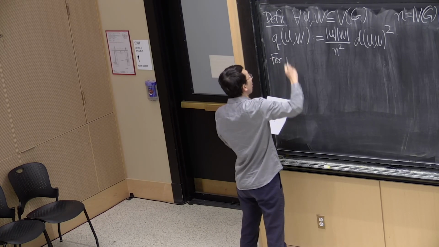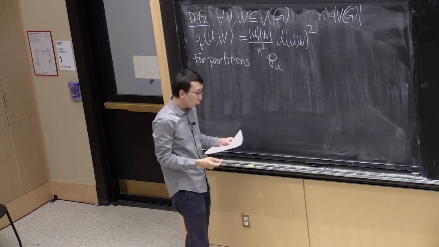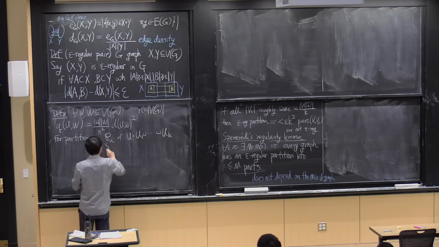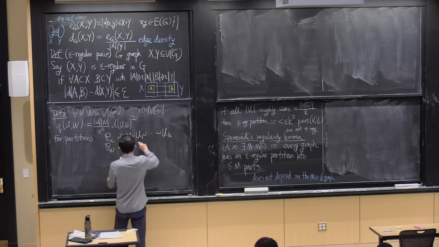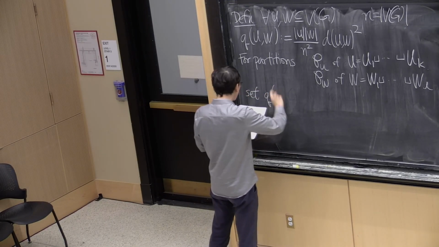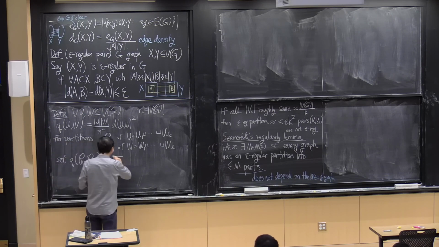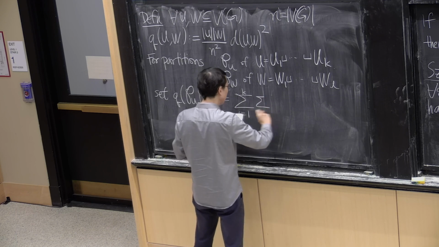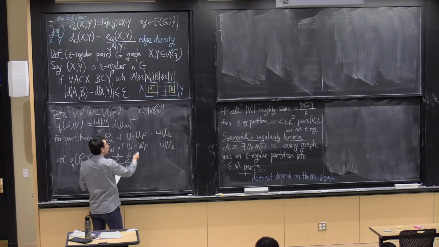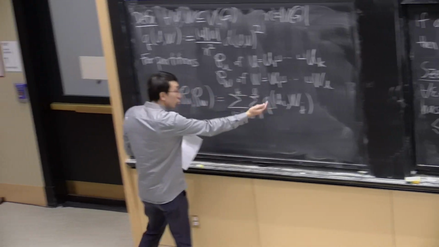And for partitions, if I have a pair of partitions, PU of U into K parts, and the partition PW of W into L parts, I set this Q of PU and PW to be the quantity where I sum over basically all pairs, one part from U, one part from W, of this Q between Ui and Wj.